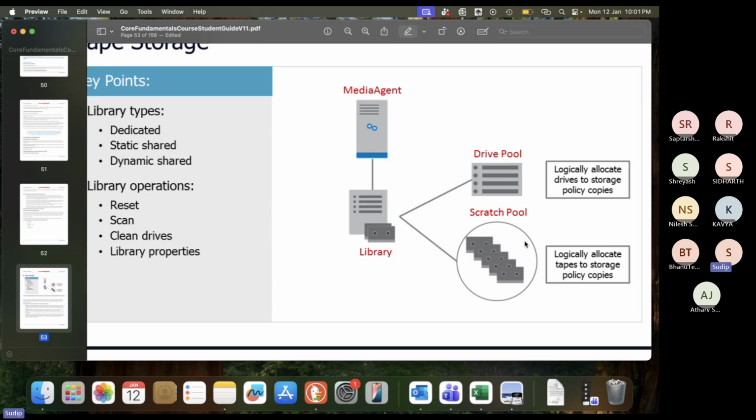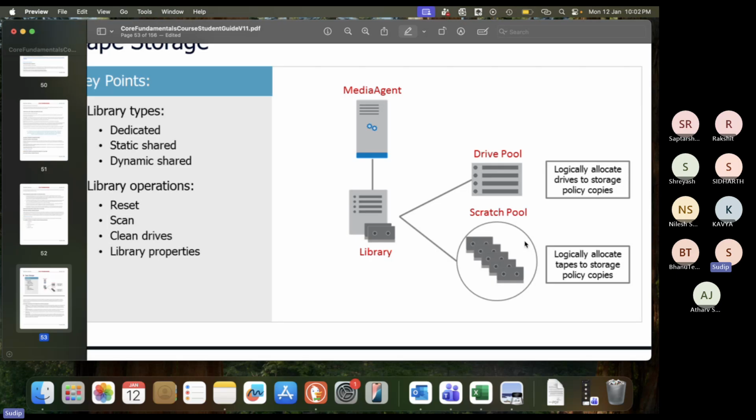How fast you can write to a certain tape generation, how much throughput you can expect, how many drives you have at your disposal, what the connectivity of that drive to the media agent is, whether you have enabled hardware compression or not, whether you are doing encryption or not.